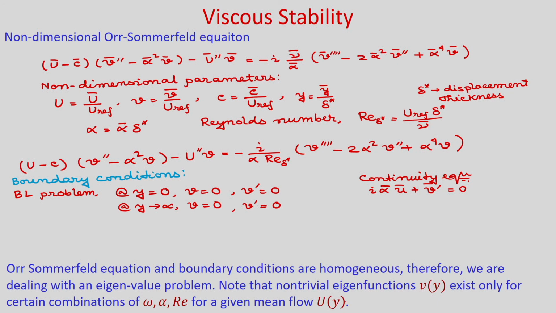Okay. So, now let us discuss the temporal instability, where we will see that omega is known. Okay. So, in temporal instability now we assume alpha as real.